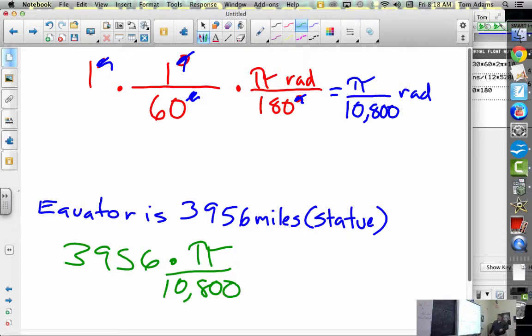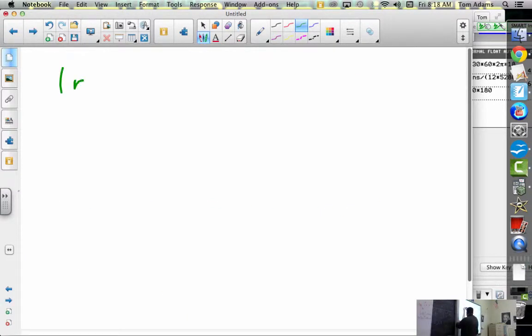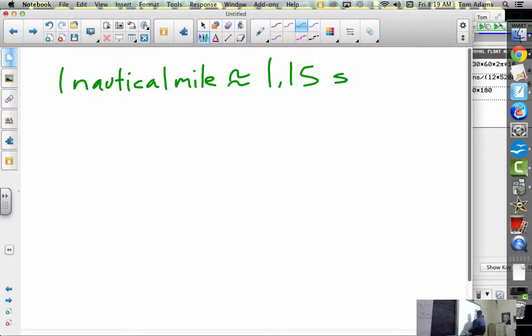And I get the conversion ratio, if you multiply that out, it ends up becoming about 1.15 miles. What is this? This is 1 nautical mile. So the conversion ratio is that 1 nautical mile is approximately 1.15 statute miles.